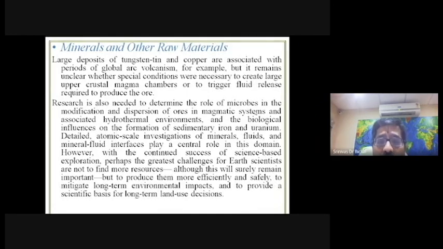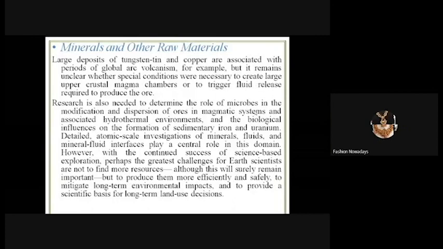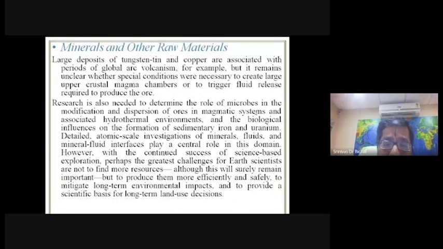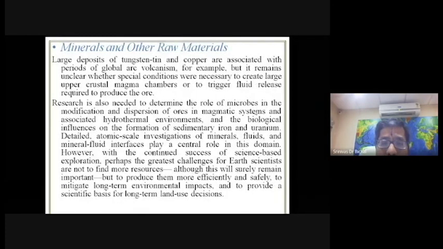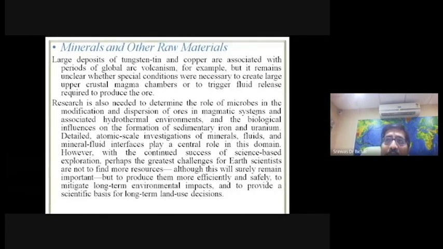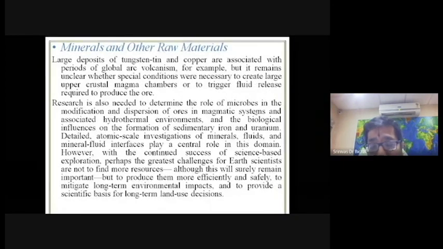Suppose gold is available in the purest form. That is what is called a gold nugget, or gold is available in an ore where it has to be purified. So what happened earlier was our ancestors, our great grandfathers, were so intelligent and knowledgeable that all the native gold, which is the purest form of gold, was mined and used.